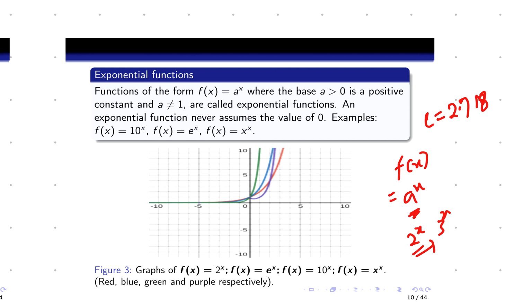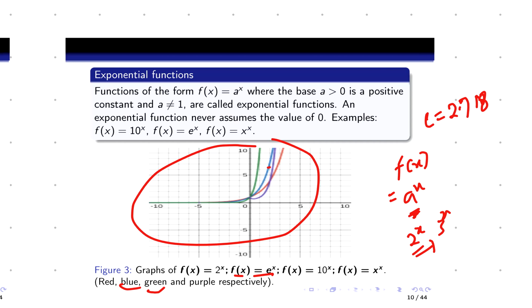So now if you look at this graph plotted, the graph of f of x equals 2 raised power x is the red line. The blue line is e raised power x.